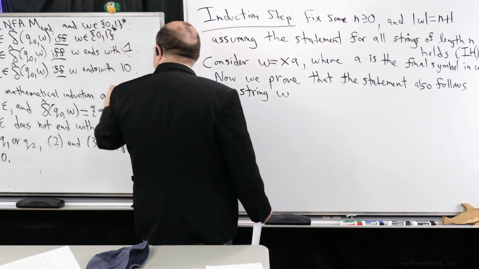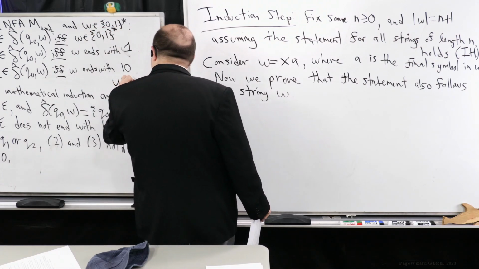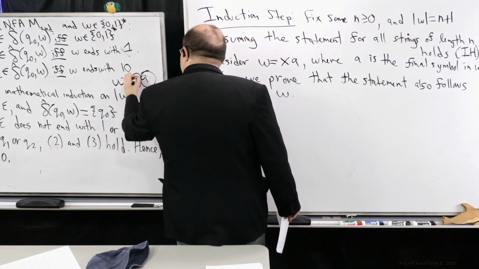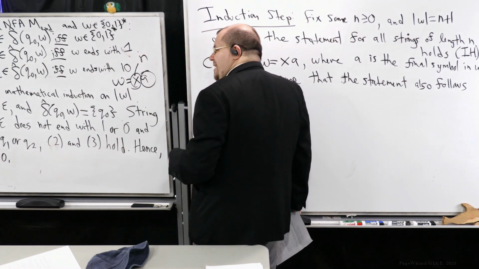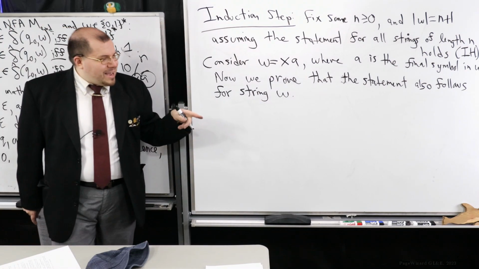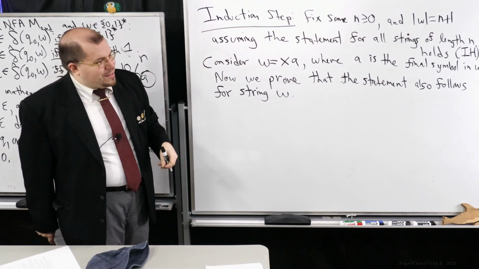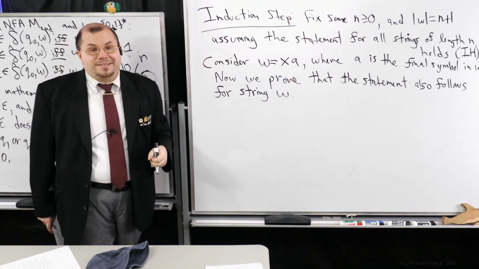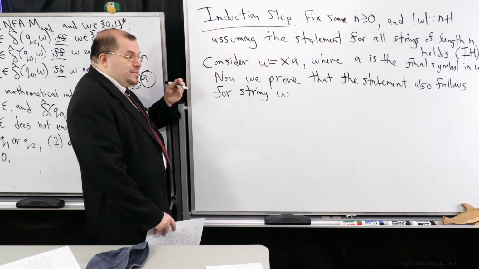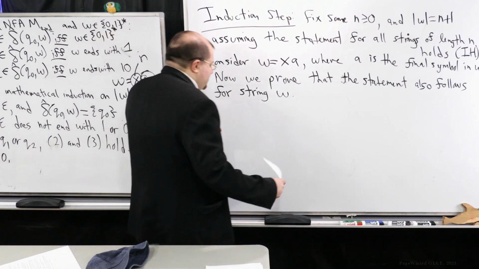So remember, w is equal to xa. This is one symbol. How many symbols are here? N. There's n symbols there. So x has length n. So I'm going to use the induction hypothesis. I'm going to apply it to x. Then all I have to do is put the cherry on top by seeing what happens when I deal with a.